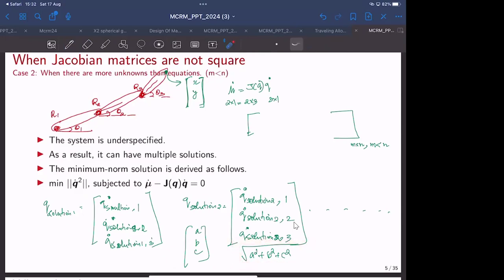And the reason that we would use minimum norm, or the square of this norm, is that it is more or less proportional to the energy that you would require to move a robot. For example, kinetic energy is proportional to the velocity squared.